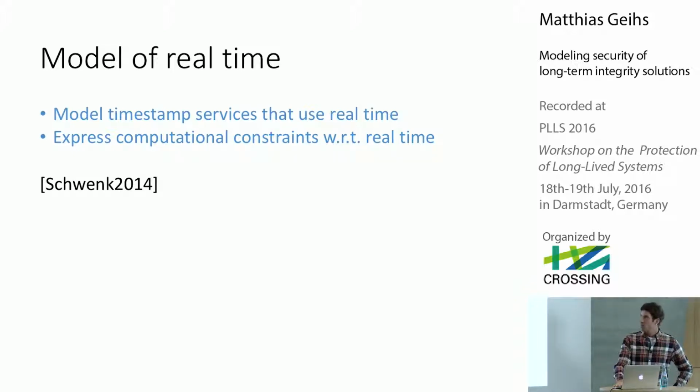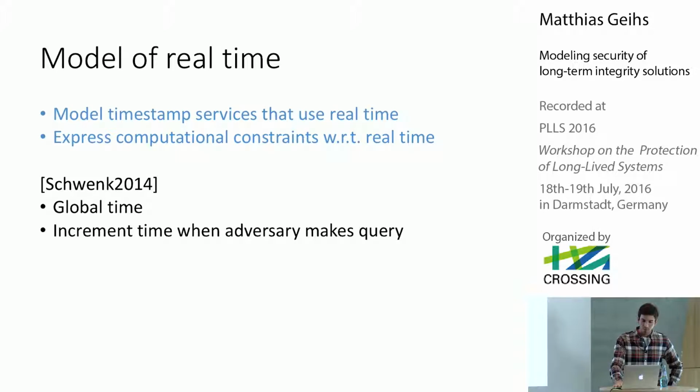We use an approach similar to one proposed by Jörg Schwenk in 2014 for modeling security of key authentication. He uses a global clock, and the clock is incremented whenever the adversary makes a query to its environment. And our model of time is similar to that.